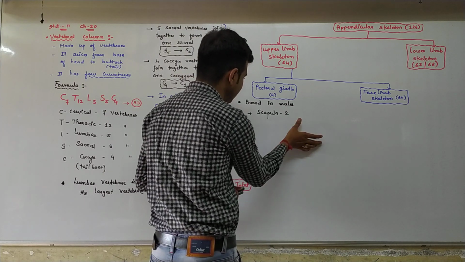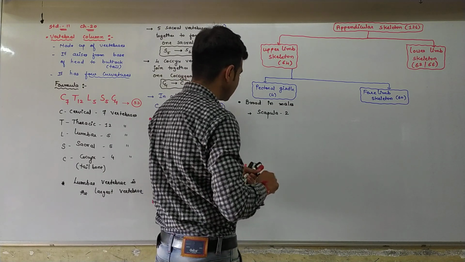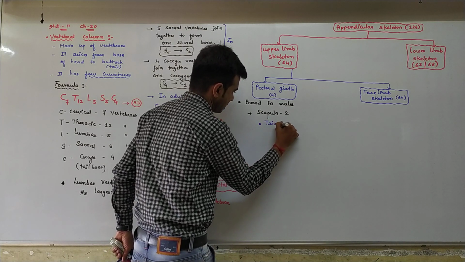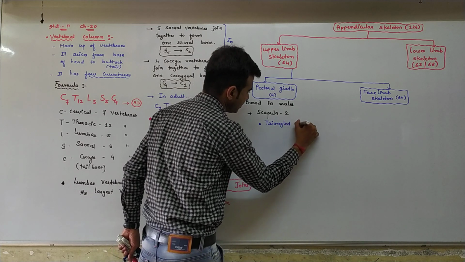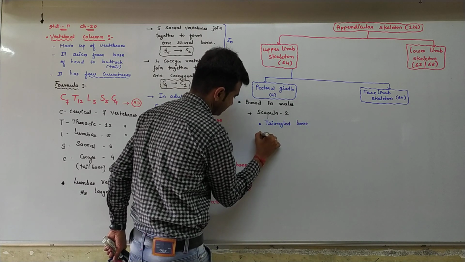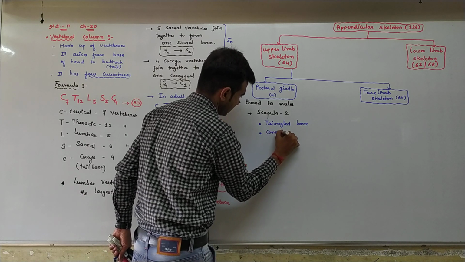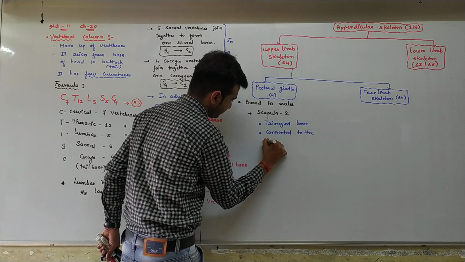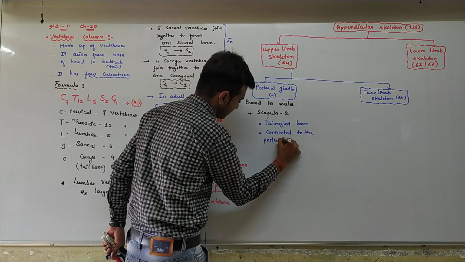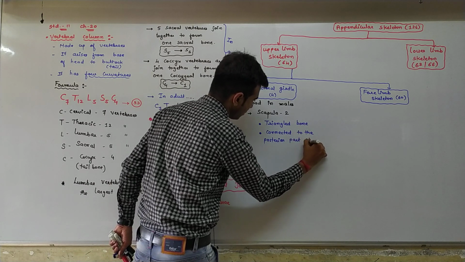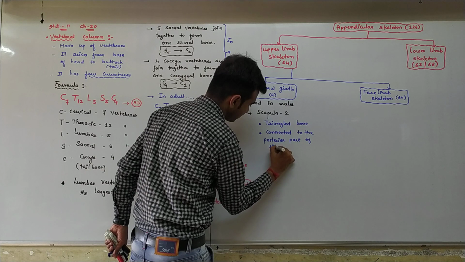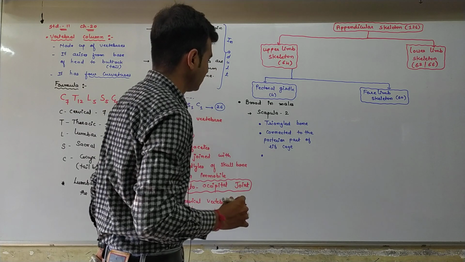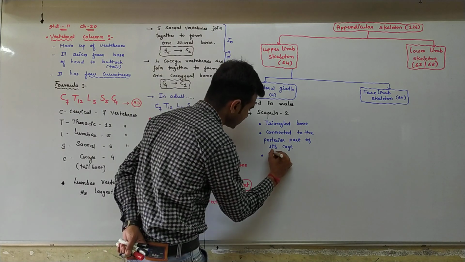So one by one we will take this scapula. Triangular bone, connected to the posterior part of the rib cage. Scapula has 2 processes.